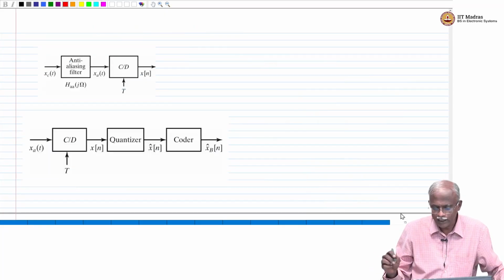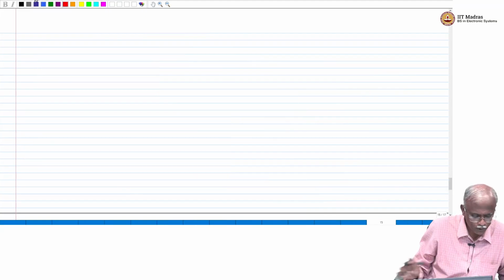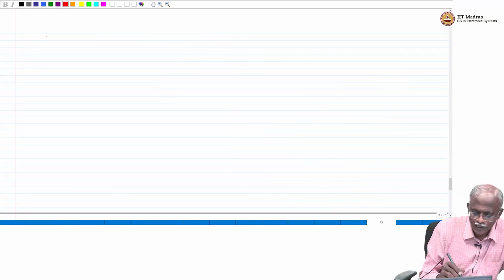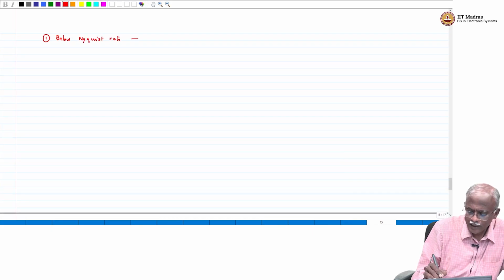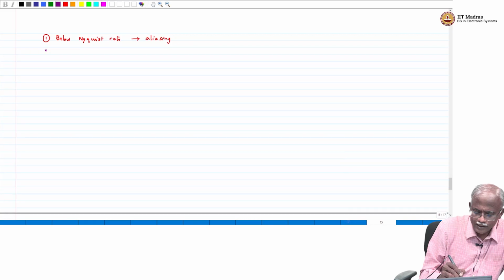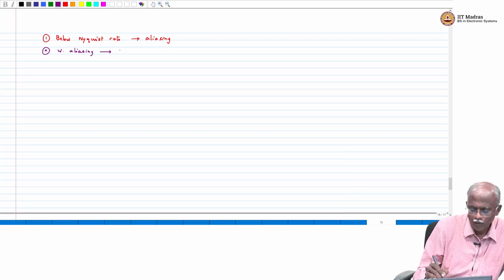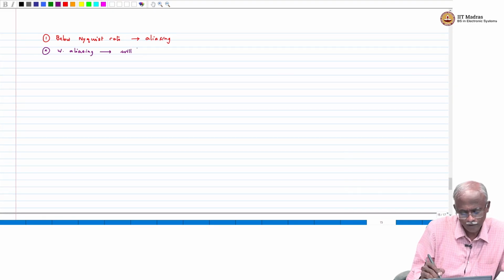So, let us write down a few things that are important for you to keep in mind. Observation number 1: below Nyquist rate we will get aliasing. With aliasing, we will not get back the original signal via reconstruction.